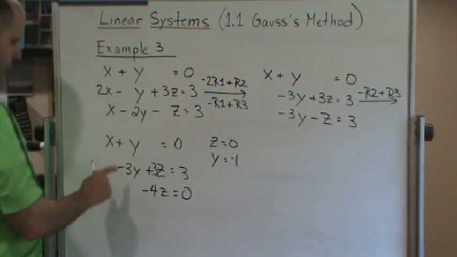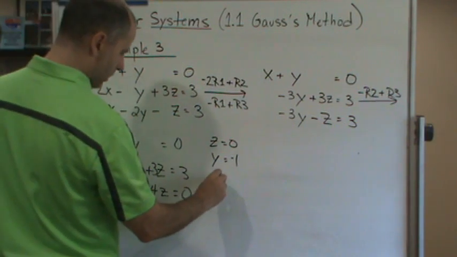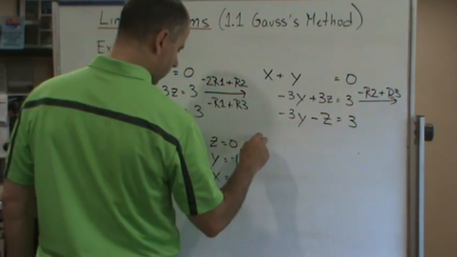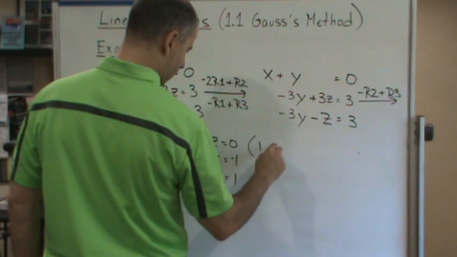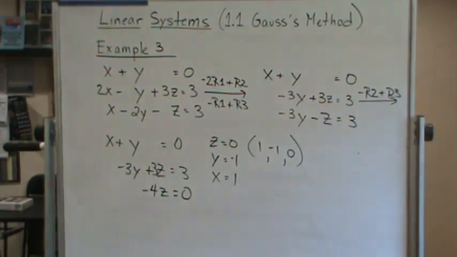And then we substitute negative 1 here, and then we get x equals 1. And we're done. And so our triple is going to be 1, negative 1, 0, is our solution to the system of equations. And that's it.